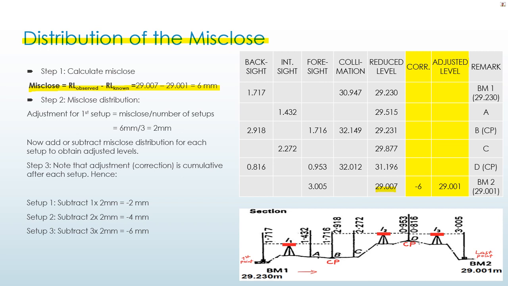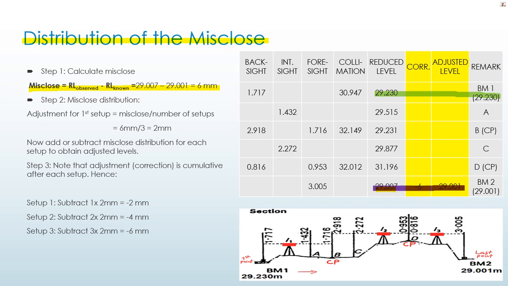In this case, we need to minus 6 mil from the calculated value to bring it to the true value over here. And for the first benchmark, we don't need to make any correction, because we keep the known elevation here and we do the calculation for the rest of the points.